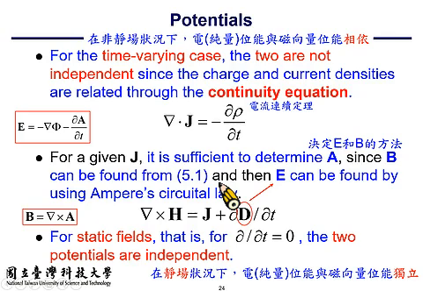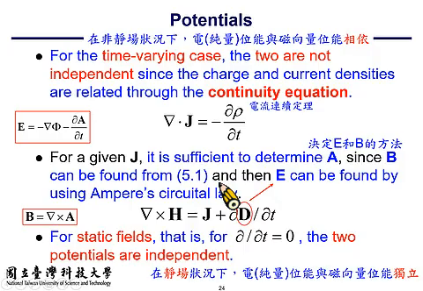The negative gradient of phi equals the electrical field. And we also know that, even though we say that the source of magnetic field is electrical current and the source of electrical field is charge, what is the difference between charge and electrical current? Well, I suppose you already know that electrical current is formed with moving charges.